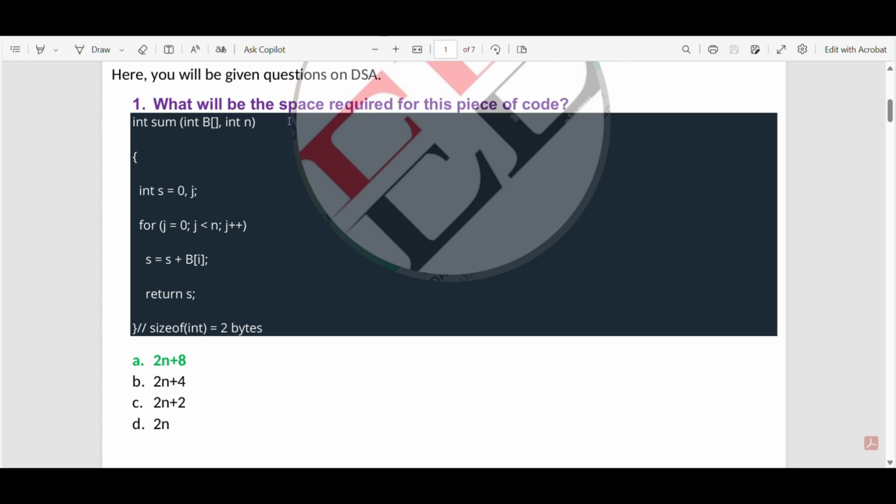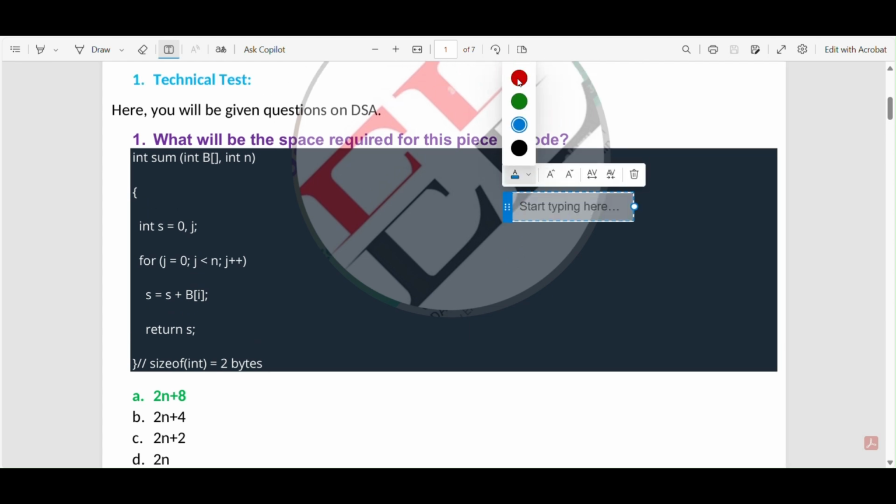Here space complexity is nothing but the space taken by the variables inside this code. So let's see what variables we have. We have s and j, which are integer data type, and here we are given the size of int is 2 bytes.